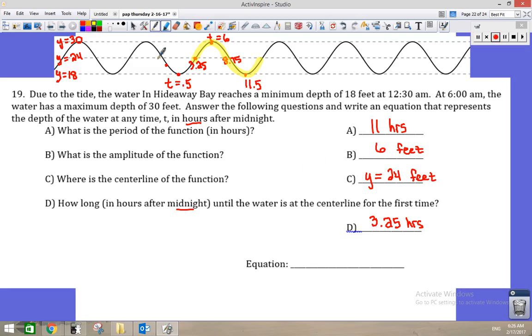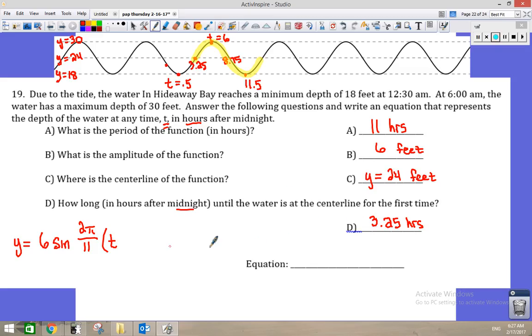So we've got y is equal to the amplitude of 6 times the sine of 2 pi divided by the period, which is 11, and you can use x if you want. I use time a lot of times because it says t in hours.